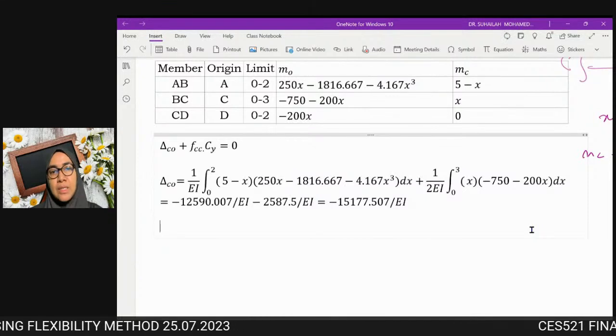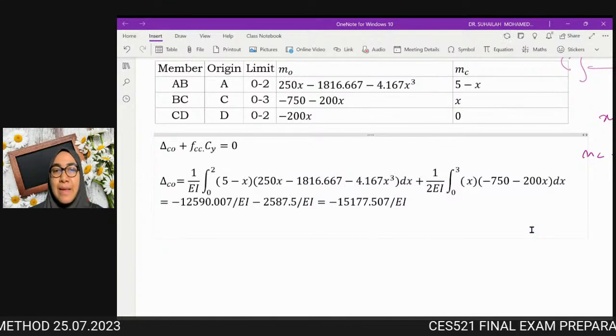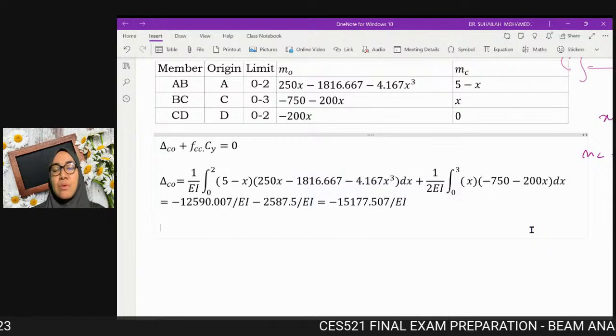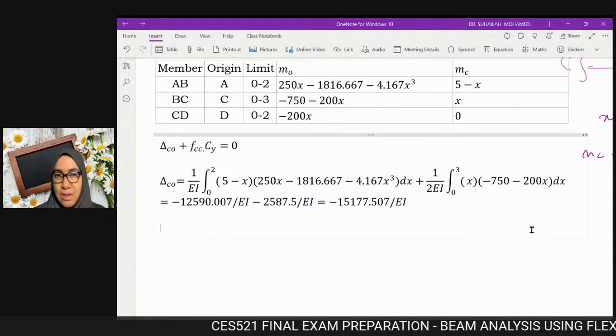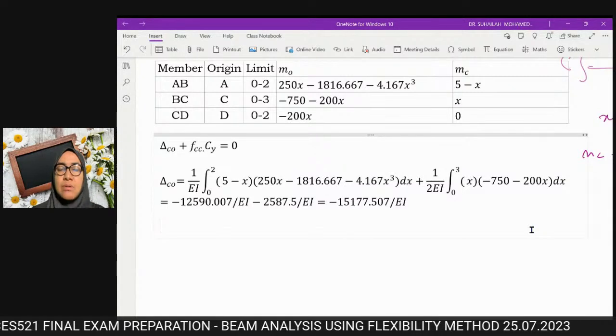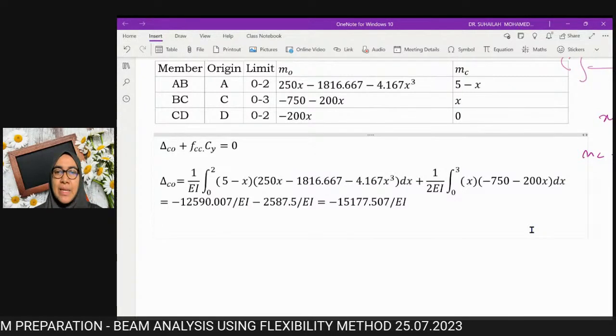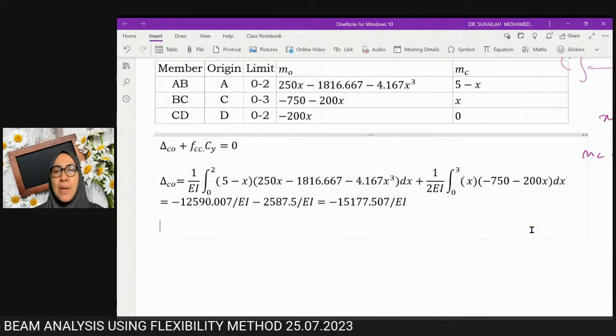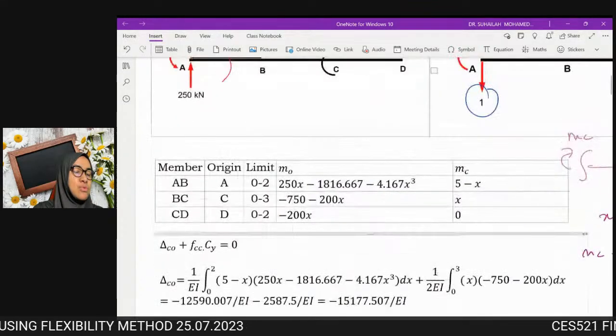So we repeat the same process to calculate FCC, and once delta C naught and FCC have been determined, we just need to substitute into the compatibility equation.